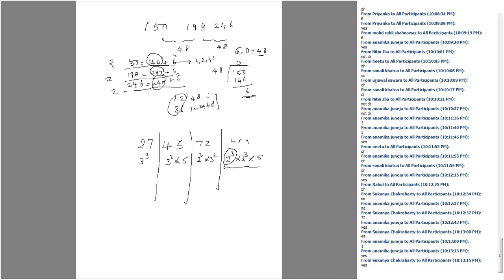It can be present in all 3 numbers, but it should be present in at least one. For example, 27, 45, 72. What's the LCM? What is 27? 3 cubed. Into 5.